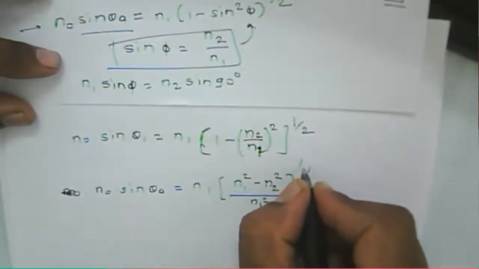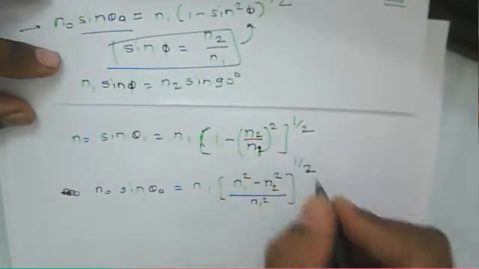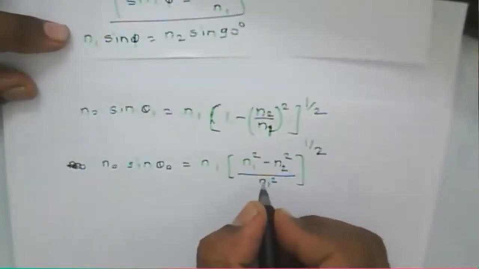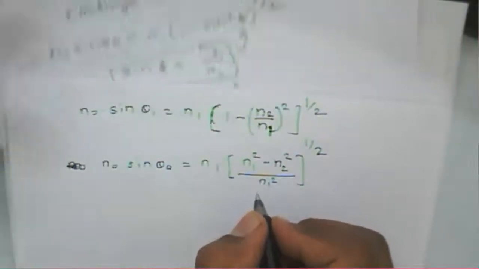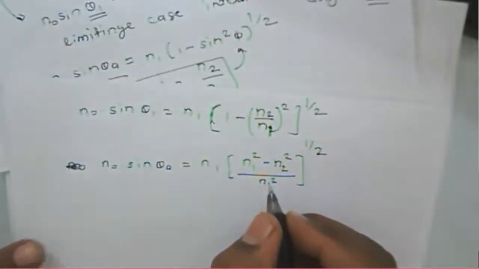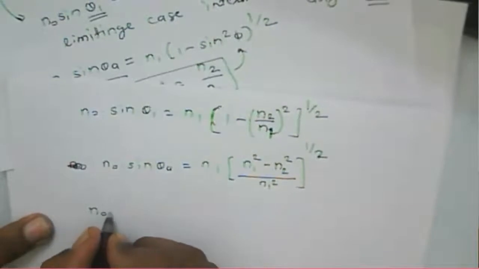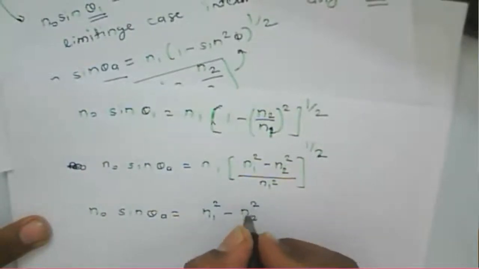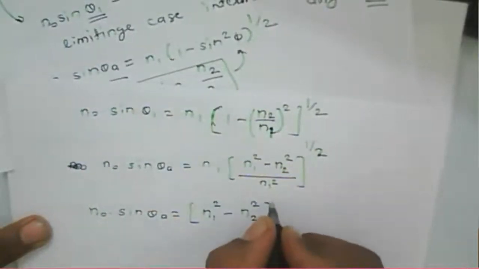If we solve it, instead of theta 1 we write the acceptance angle theta a, so n0 sine of theta a is equal to n1 into ((n1 square minus n2 square) divided by n1 square) raised to 1 by 2.